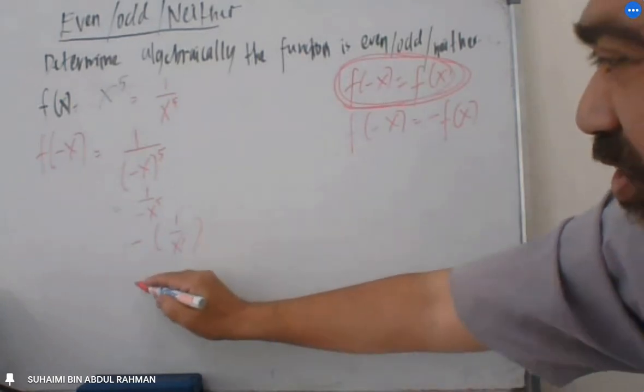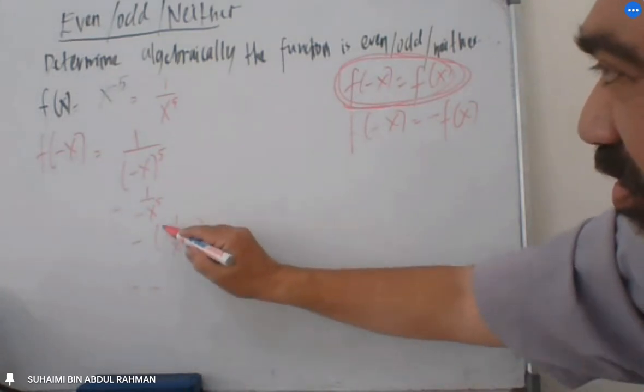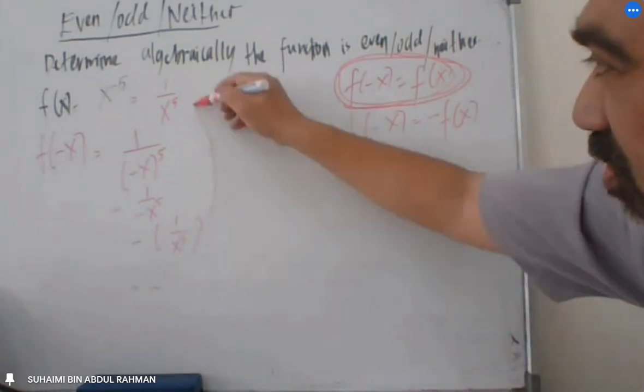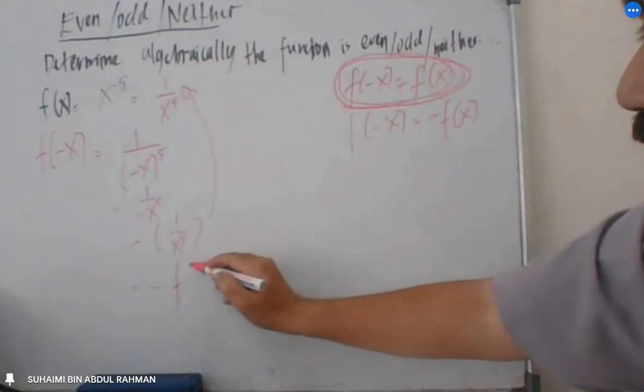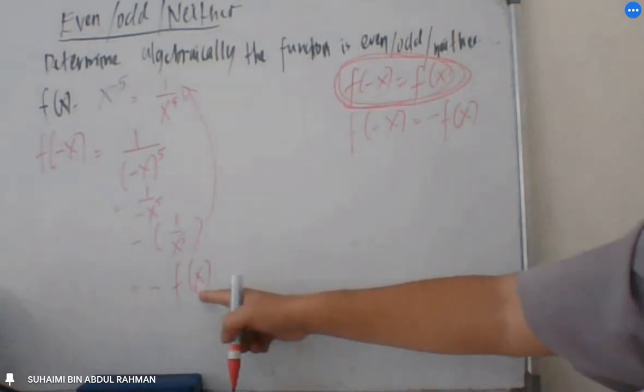And then this is minus of, what is this? This is f of x.